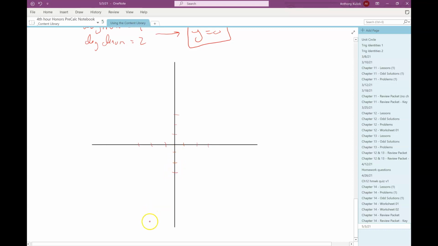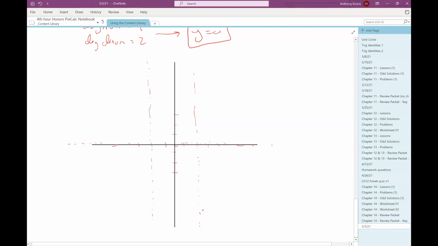So I'm going to draw in my vertical asymptotes here, and my horizontal asymptote slash end behavior. Everybody okay with that? Those are supposed to be dashed lines, but I'm not very neat.